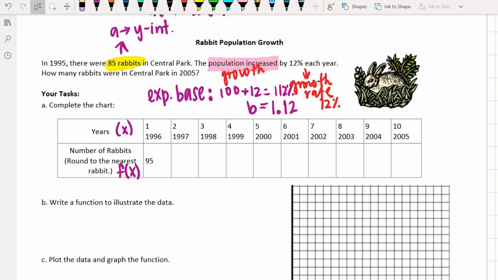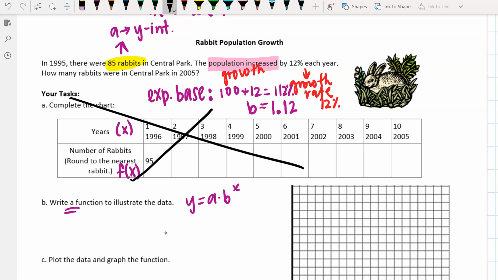So A is the chart, B is writing your function, and then C we're graphing, and then using part D to write a conclusion. So for part B, it says write your function. Well, that's just writing what we think our equation is. Even without this part, we can still write our equation.